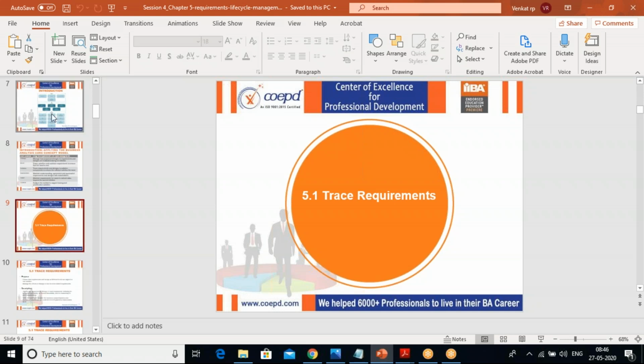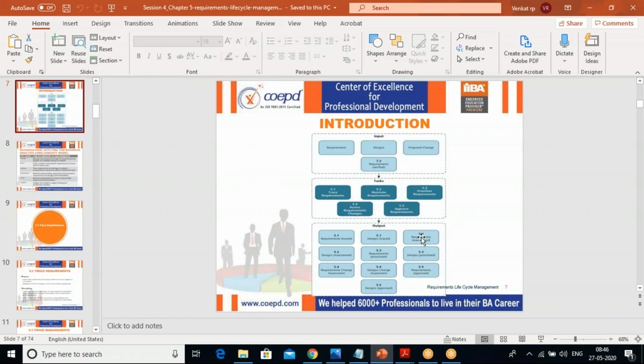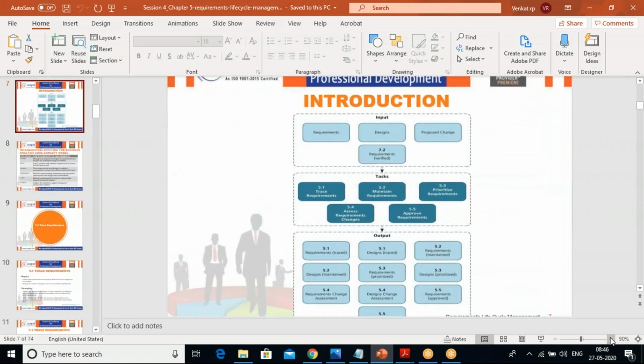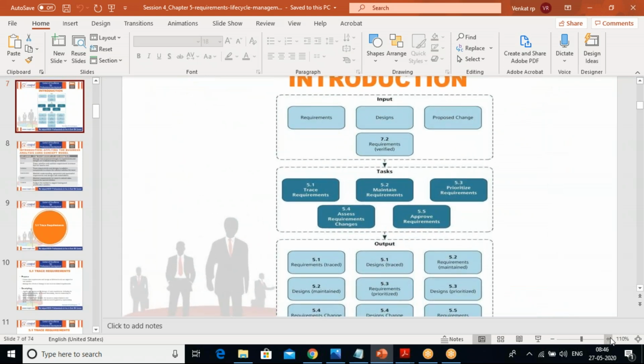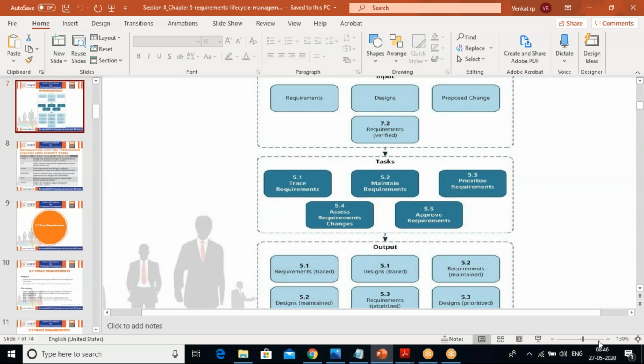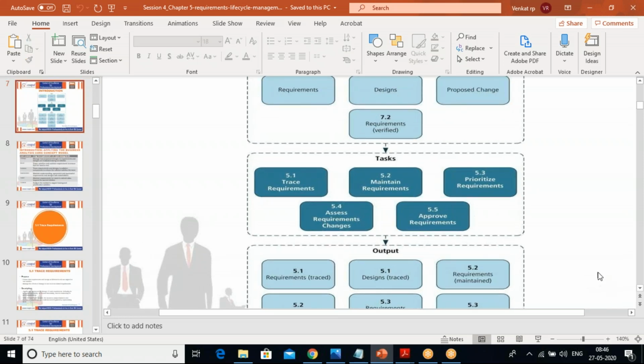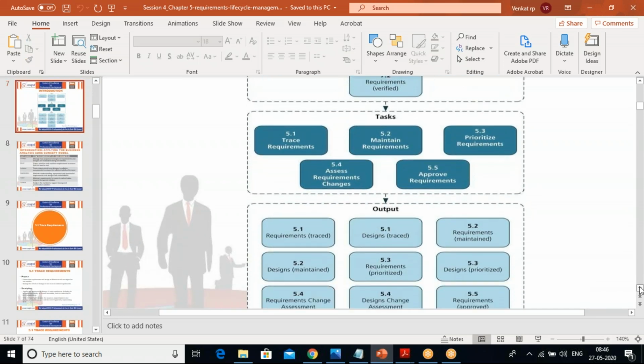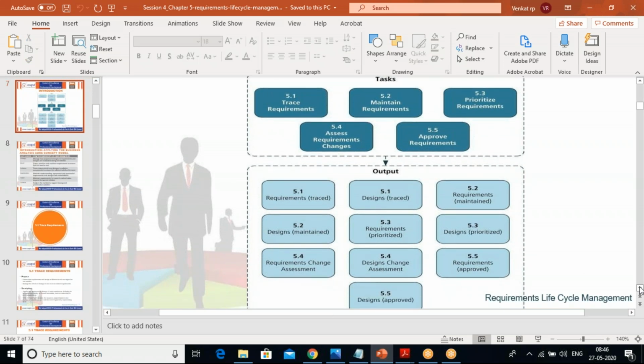Before I go on, let me go to the previous slide and tell you about this. What I want you to understand is that for the task trace requirements, the output would be requirements traced and designs traced.